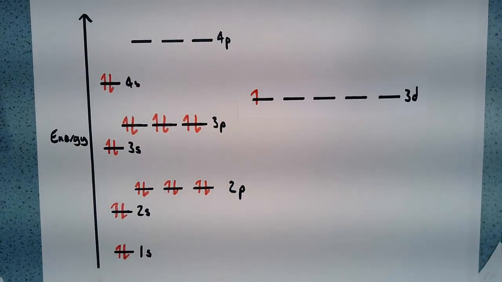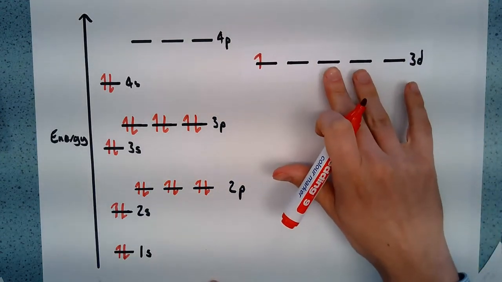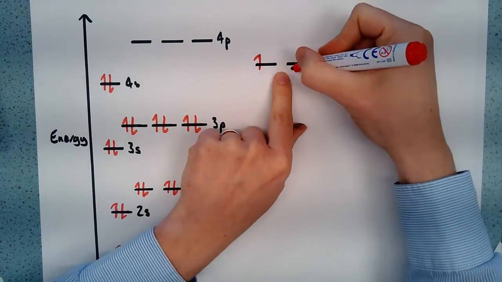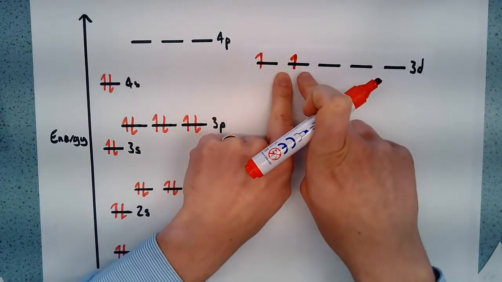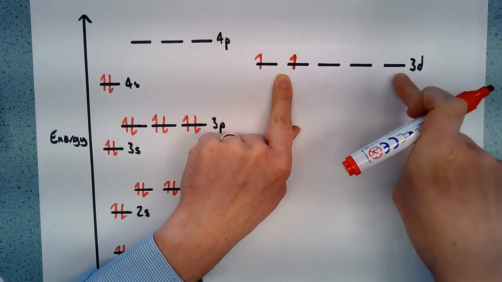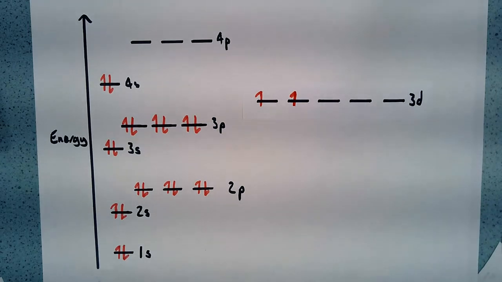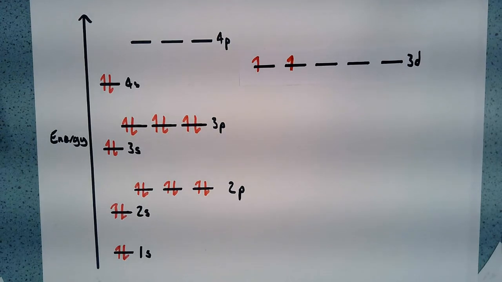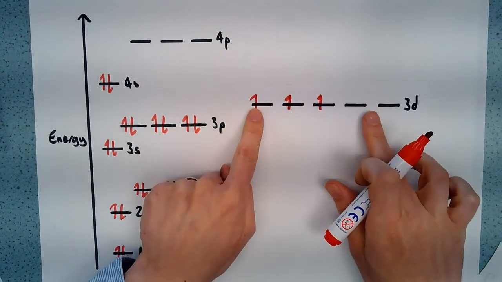So when we're working out titanium's electron configuration, we need to imagine this as being up here and empty, and we fill up all of this, and then we go 1, 2 electrons in the 3d. They're in separate orbitals because these are all at the same energy level, and then we drop this down below the 4s. So when we're filling in the next one, if we're filling in vanadium, again we fill it up like that, and then we drop it down like that.